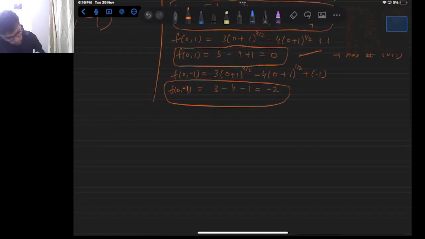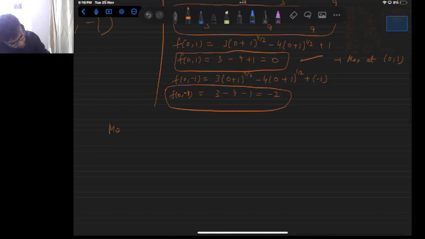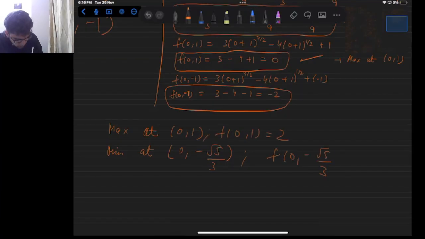Therefore our max exists at 0 comma 1, where f of 0 comma 1 is equal to 2, and min at 0 comma negative 5 root 5 upon 3, where f of 0 comma negative root 5 upon 3 gives me negative 2.48.